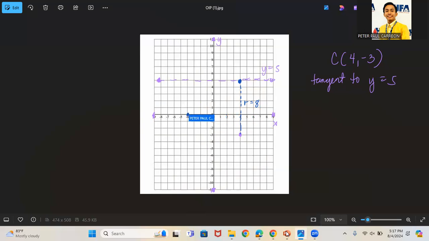So here. Then another 8 units, 2, 4, 6, 8 here. Then 2, 4, 6, 8. So here, then here. This is where our vertices are. So I'll just connect.